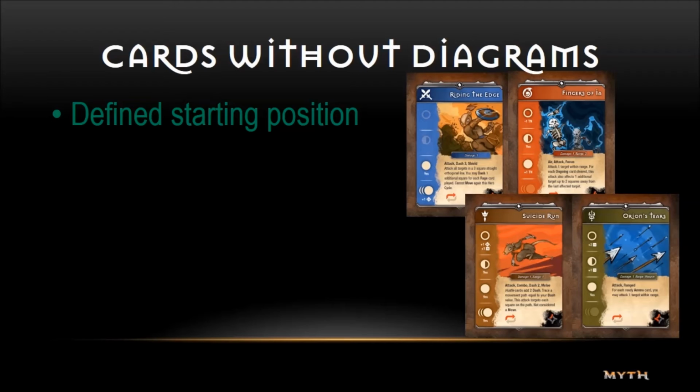Again, Riding the Edge: attack all targets in a 3-square straight orthogonal line, etc., etc. The point I'm trying to make here is, I think if you read the text on the card, these become fairly simple to diagnose and to determine. However, there are a couple of examples that I think are worth taking a deeper look at, and we'll go ahead and do that now.